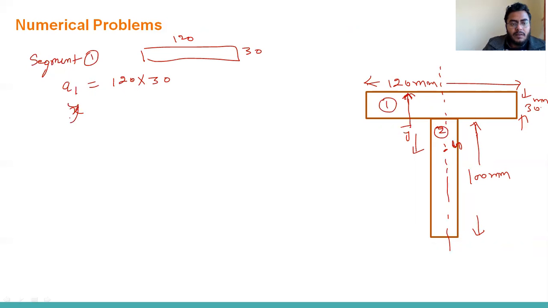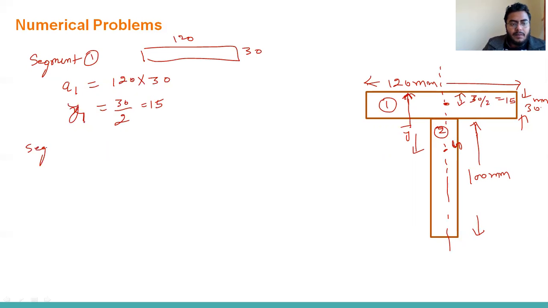Now, what will be y1? For this segment, which is a rectangle, the centroid will be at b by 2, so 30 divided by 2, which is 15.